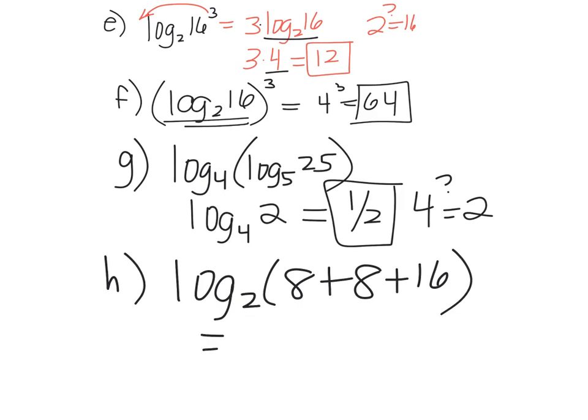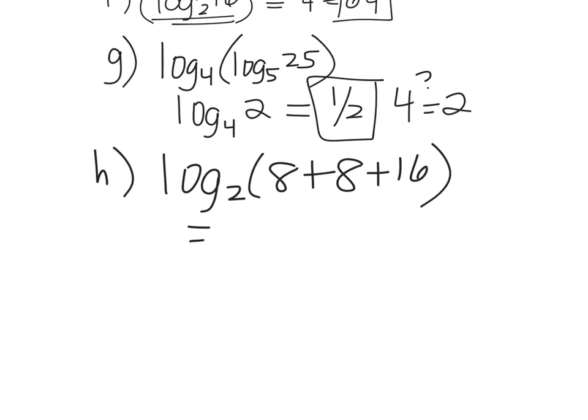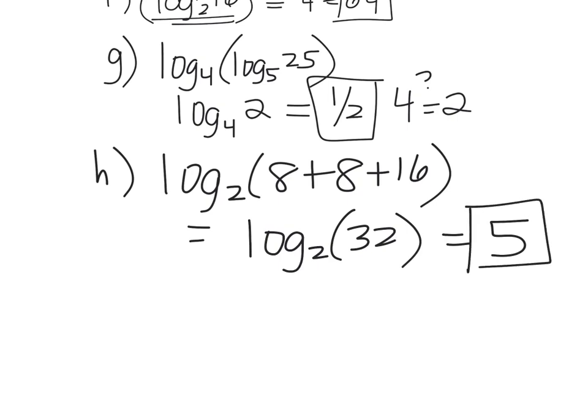You're like, am I going to take the log base 2 of 8 and then plus the log base 2 of 8 and 16? No, take what's in the parentheses, simplify the problem first, and then evaluate the log. So 8 plus 8 plus 16 is 32. Log base 2 of 32 is 5. 2 to the 5th is 32. You guys are good, real good.